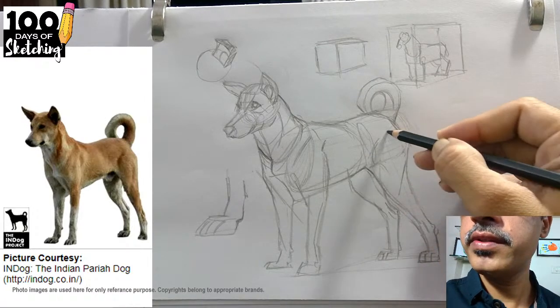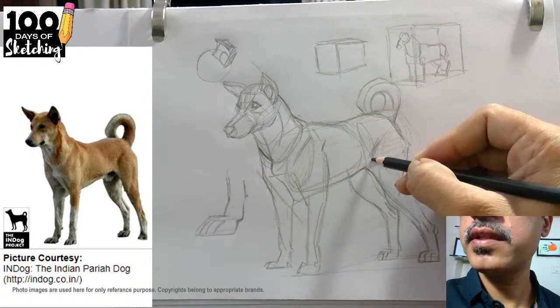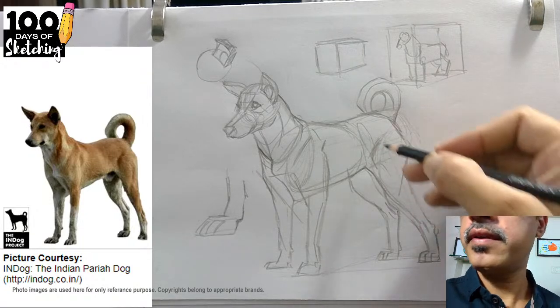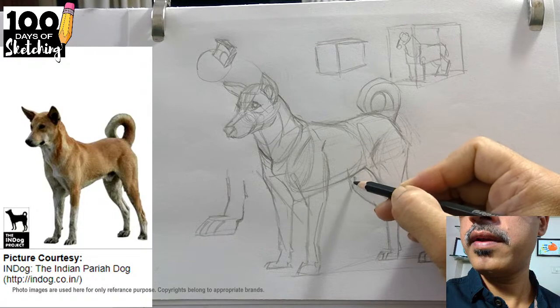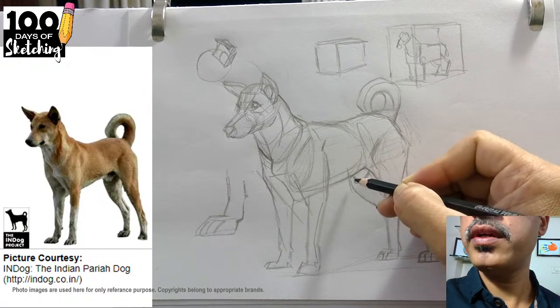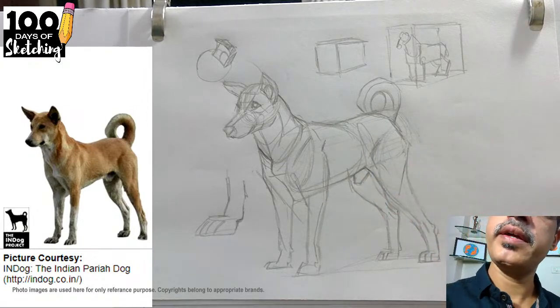This is again one of the muscles, the leg muscles. And of course this portion of the gender part.